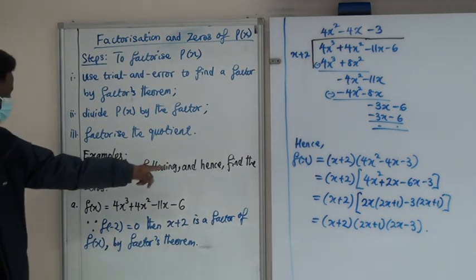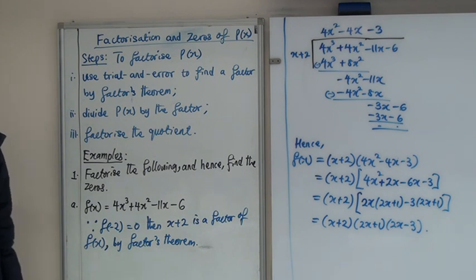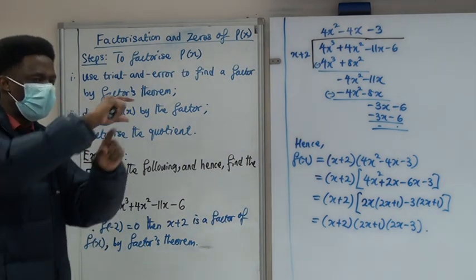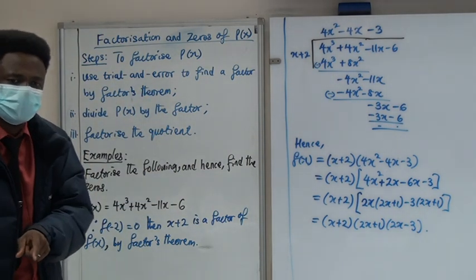The second question says, find the zeros. What does it mean to find the zeros? That means whatever value you substitute into x, it equals 0. To find the zero of the polynomial, you equate that thing to 0. I'm looking for the values of x that will make everything 0.